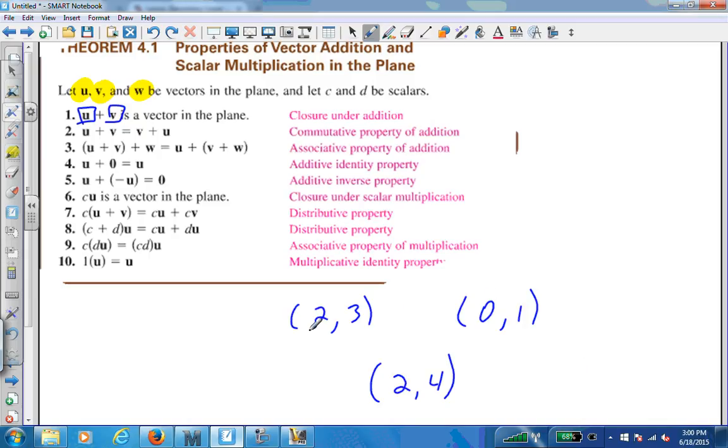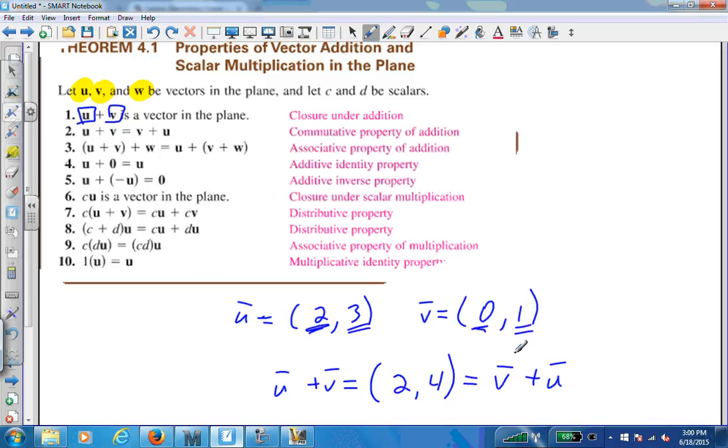Also, if we change the order, instead of doing this vector plus this vector, if we swap them up and do v first and then u, either direction, we get the same answer. If we add 3 vectors, it doesn't matter the order that we're adding them together, because eventually all the first components are getting added together.